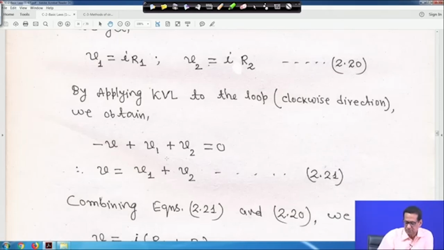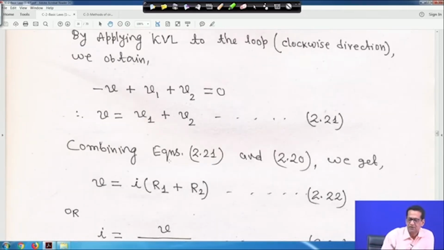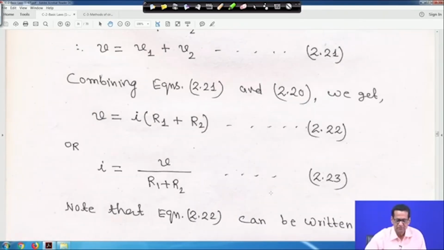So, here you substitute, then you will get V is equal to IR1 plus IR2. So, ultimately V is equal to I into R1 plus R2, that is equation 22, right. It is 2.22 because it is chapter 2, but I will make it 21, 22 like that, understandable to you, right. Therefore, I is equal to V upon R1 plus R2, right.